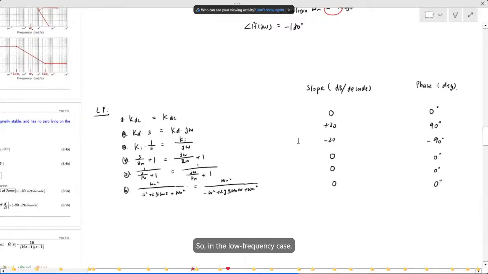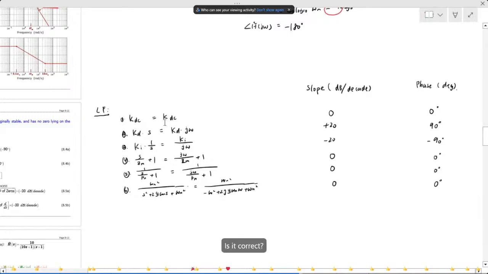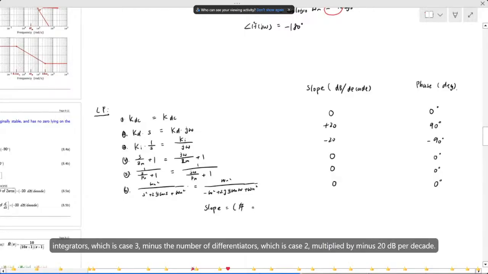So in the low frequency case, what do we need to consider? We only need to consider the differentiator and the integrator. Is it correct? So here, in the low frequency case, the slope will be equal to the number of integrators, which is case 3, minus the number of differentiators, which is case 2, multiplied by minus 20 dB per decade.